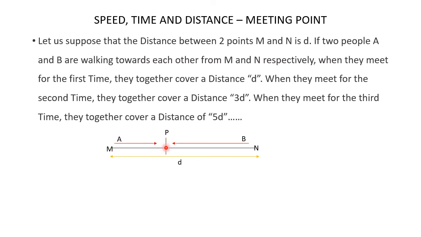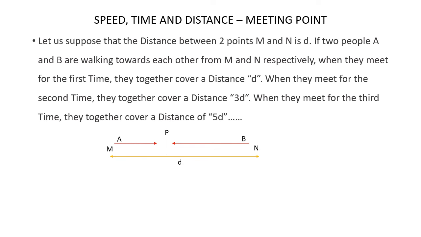When they meet for the first time, together they have covered a distance of D. Now after meeting at point P, B travels till M and A travels till N, and together they have covered another distance D. So earlier it was a distance D and now one more D, so 2D.